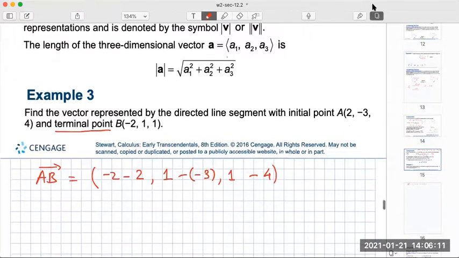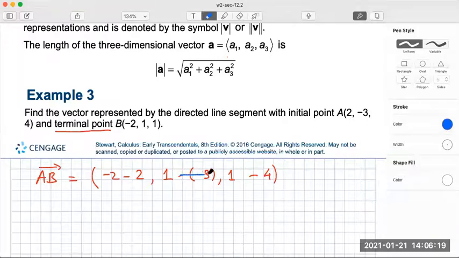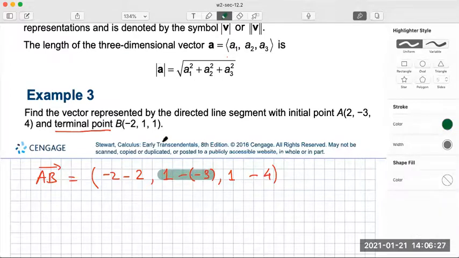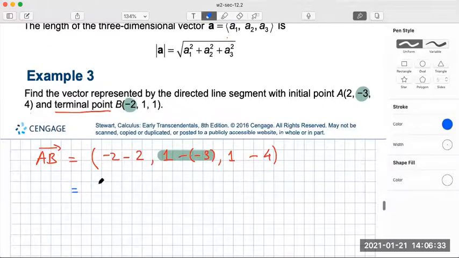So let us simplify it. You should be very careful with the negative sign here. If we write it too quickly, or you do it in your head, you may make a mistake. So be careful with the negative sign. That is just a reminder.